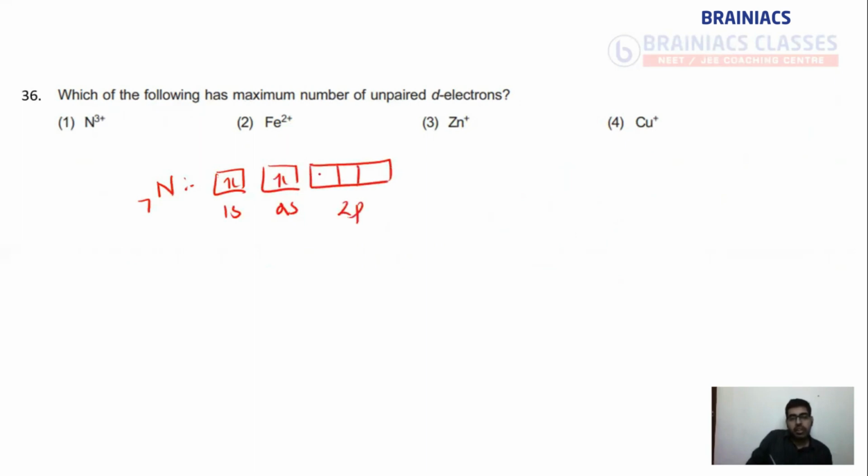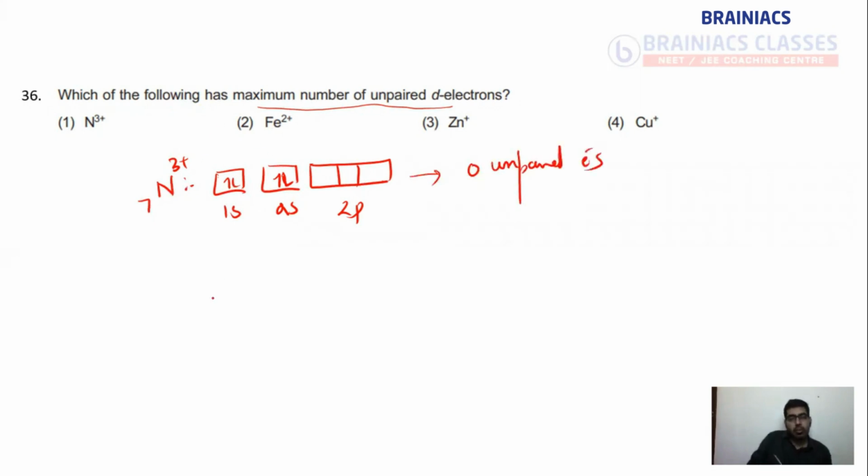N3+ means we have to remove 3 electrons. 3 electrons are removed. Now, how many unpaired electrons are there? There are no unpaired electrons. All remaining electrons are paired. 0 unpaired electrons.